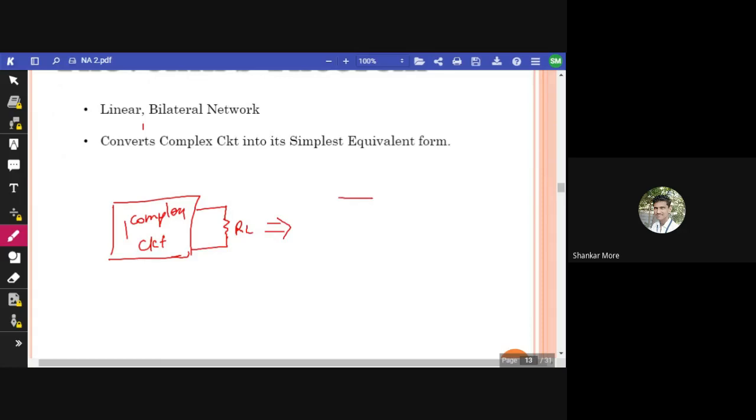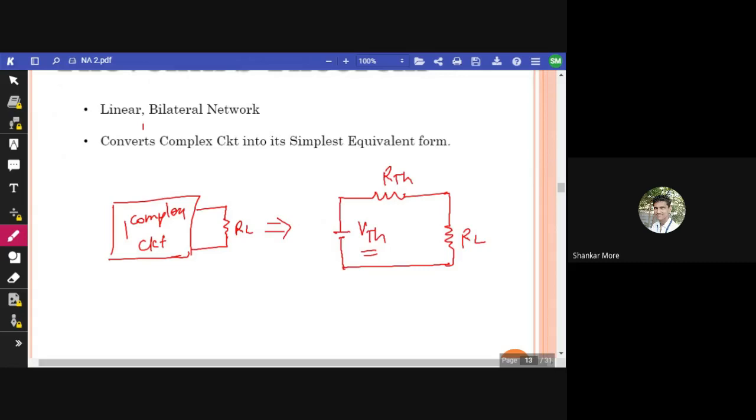We simply put one resistance in series and we have one voltage source, and we have the load resistance RL as it is. So this is RL, this is called RTH, this is called VTH. VTH is nothing but the Thevenin voltage and RTH is nothing but the Thevenin resistance.